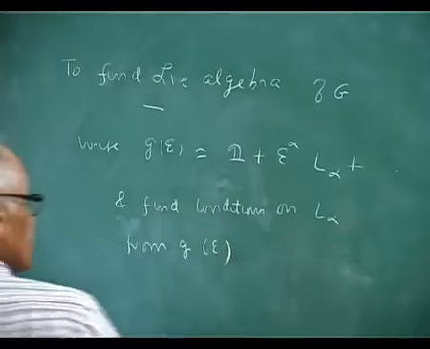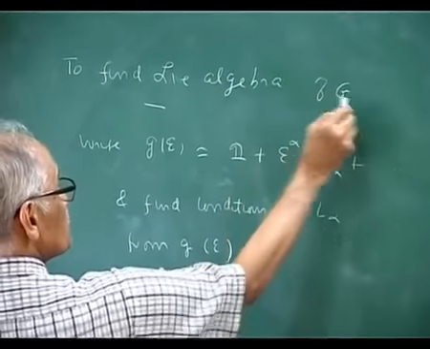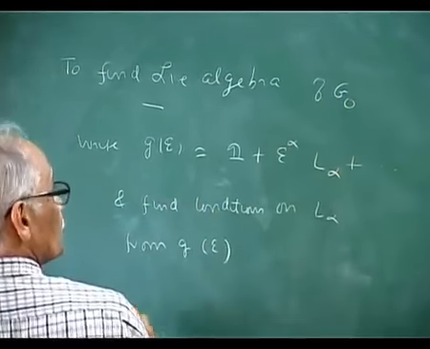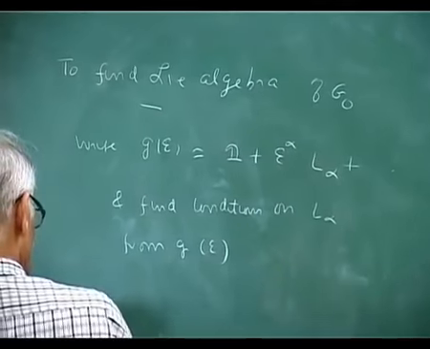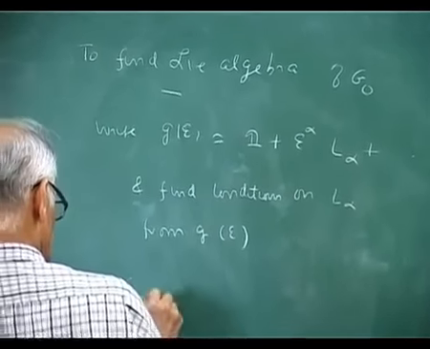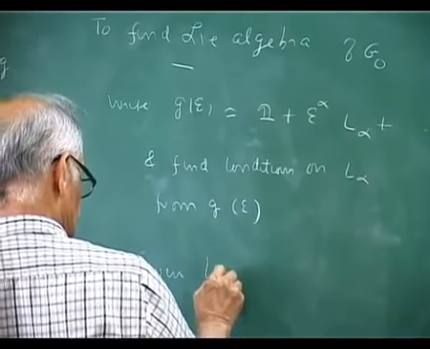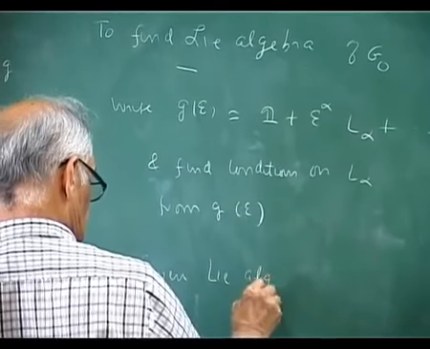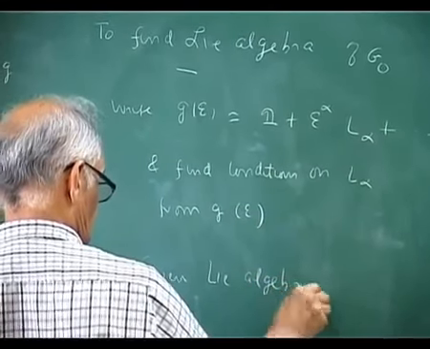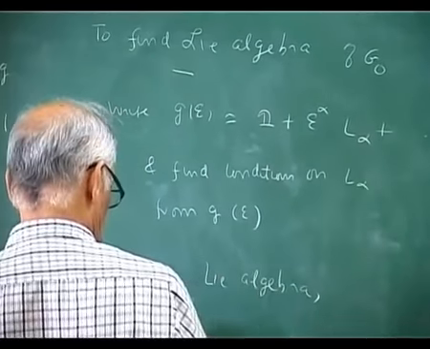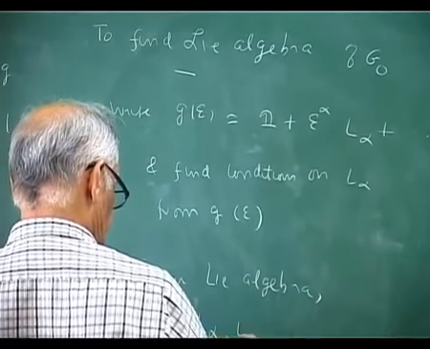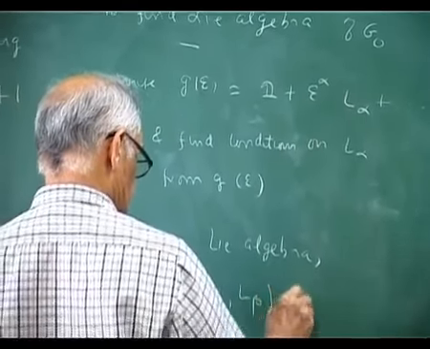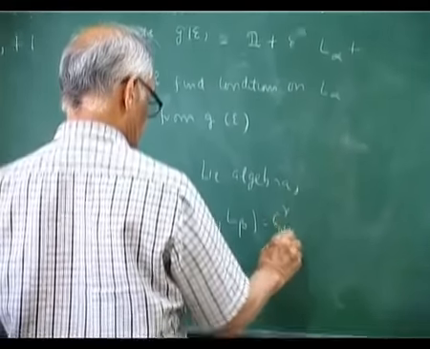So this is basic. Then what we found was, call it G0, given the Lie algebra L alpha, L beta equals C gamma alpha beta L gamma.